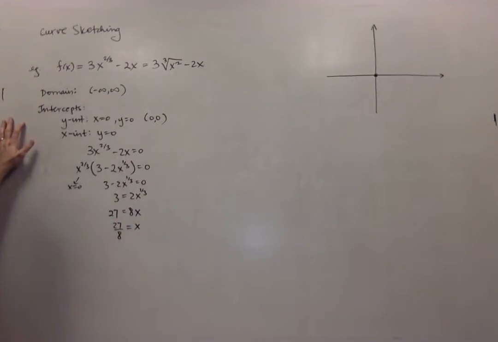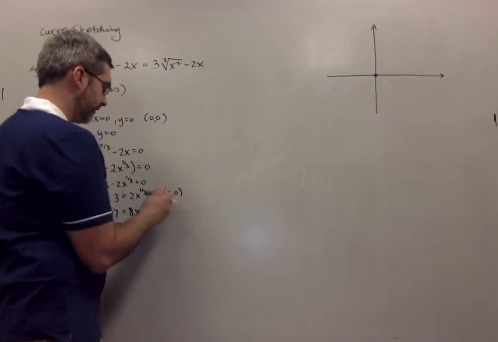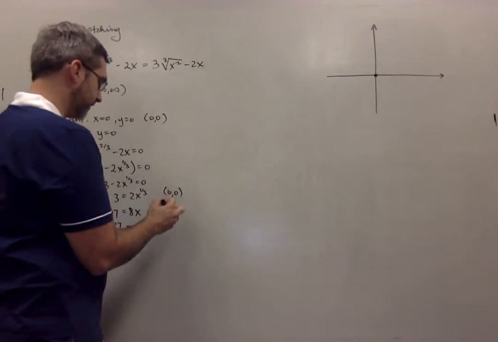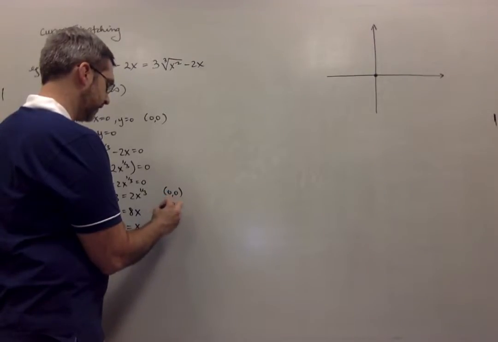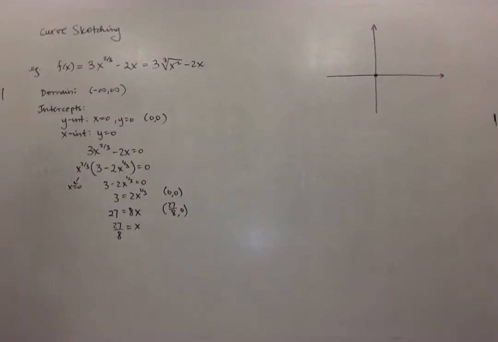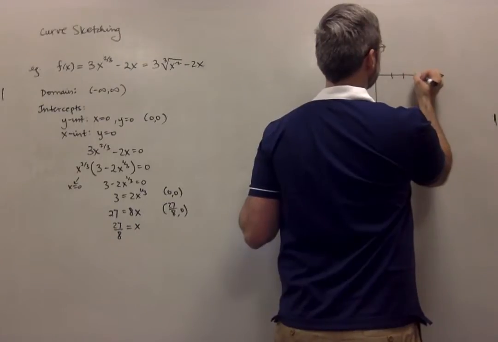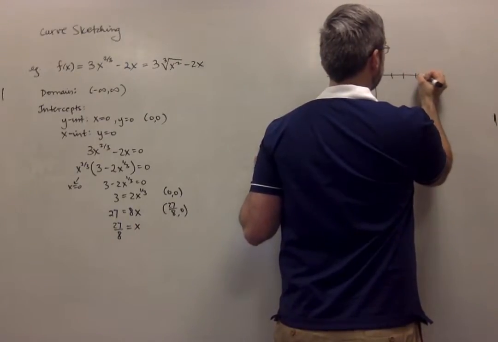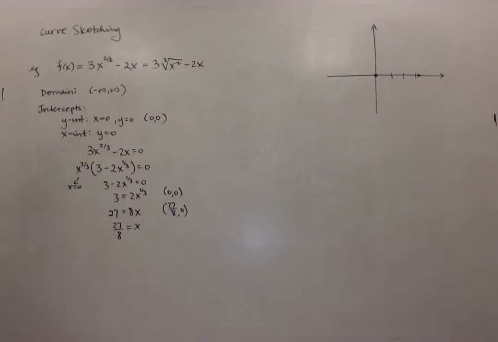That's not all that beautiful, but we cross the x-axis at 0, 0 and 27/8, 0. 27/8 is around 3. It's a little bit bigger than 3. So 1, 2, 3. We're going to cross right there as well.